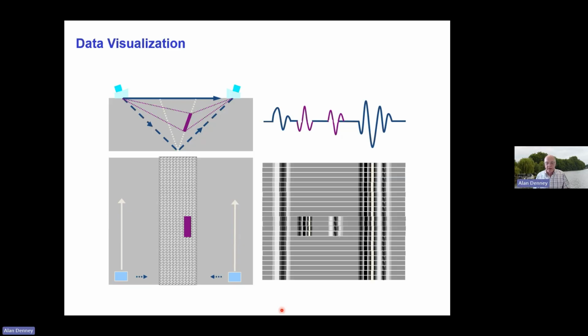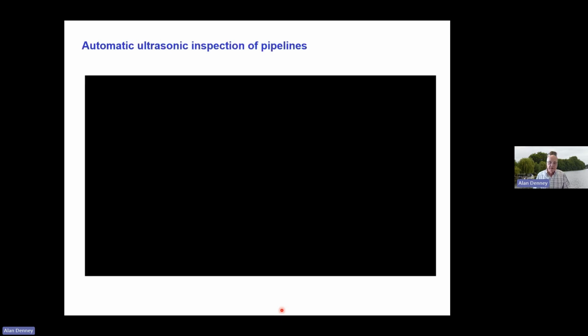So you can see the length, but you can also see an indication of height. It's not a direct measurement. It requires calibration skill and knowledge to interpret the height dimension.